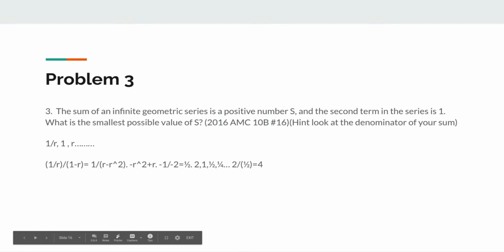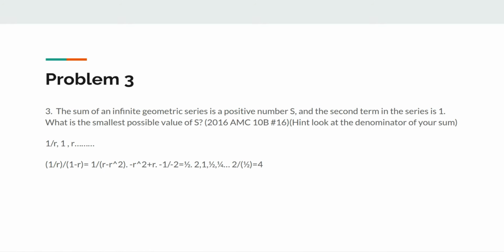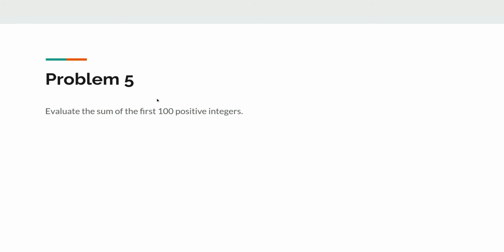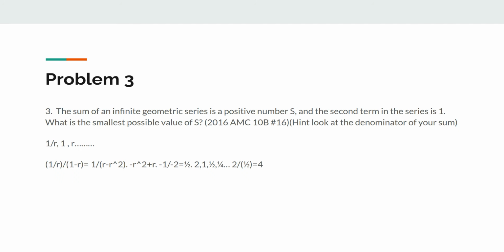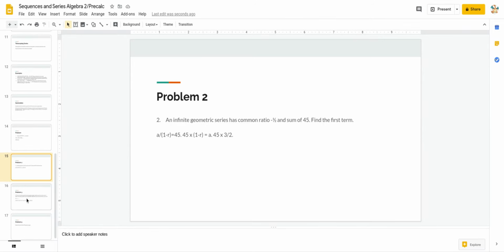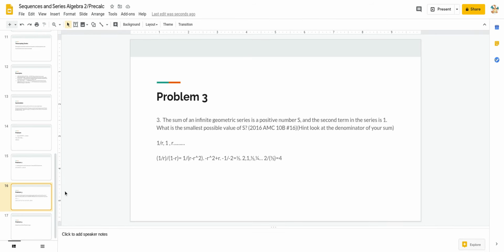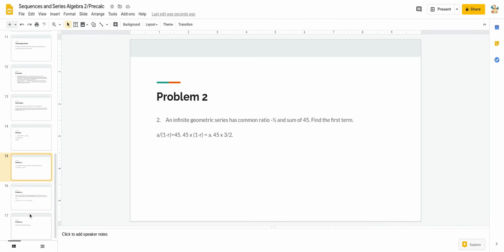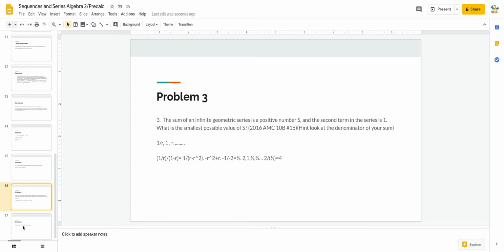Okay, are you guys ready for the next one? Okay, here's the next one. Oh, whoa, wait. 1 second. What happened? I think number 4 just got eaten up somehow.